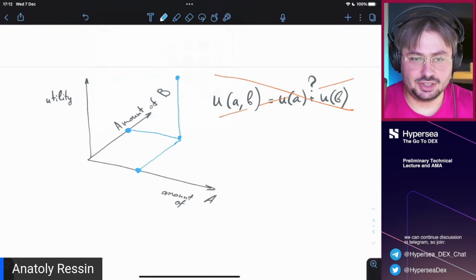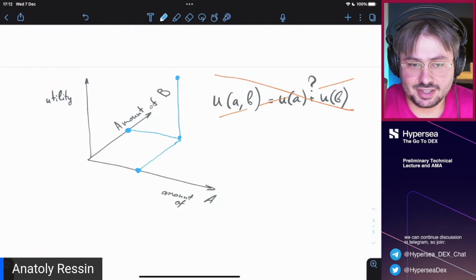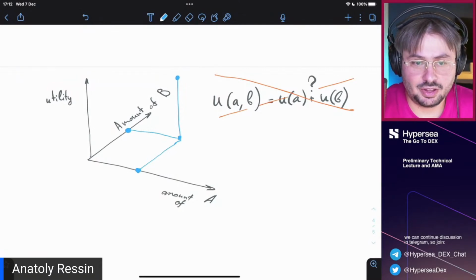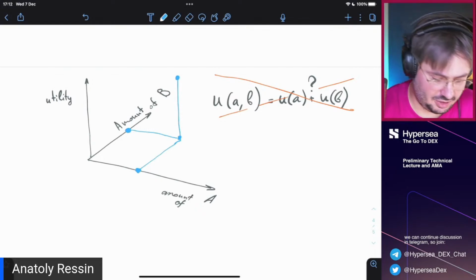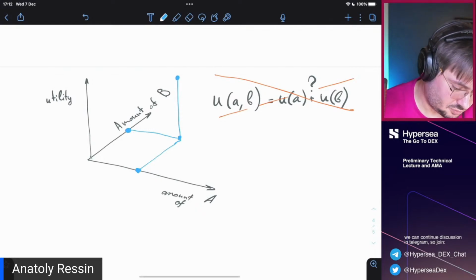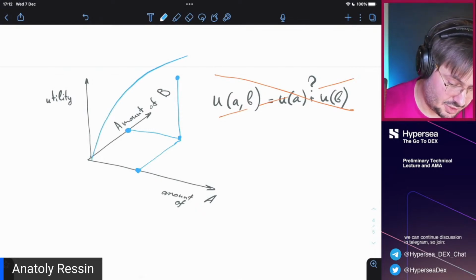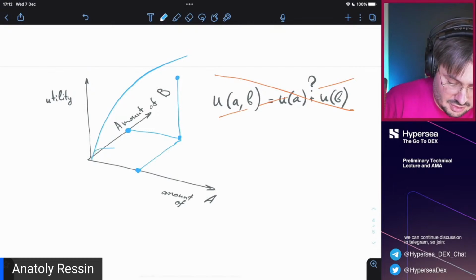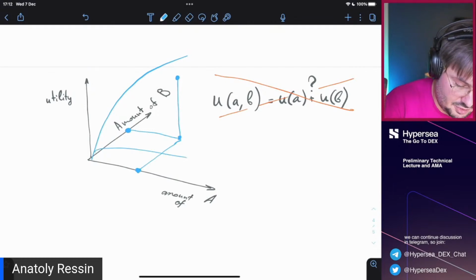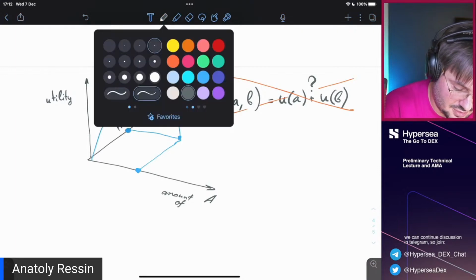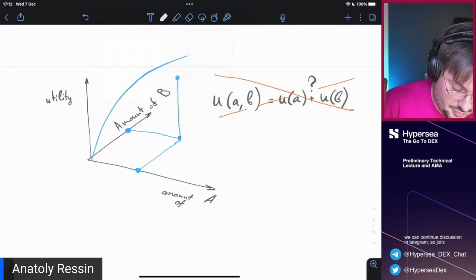This utility, U of A and B, is just some function.